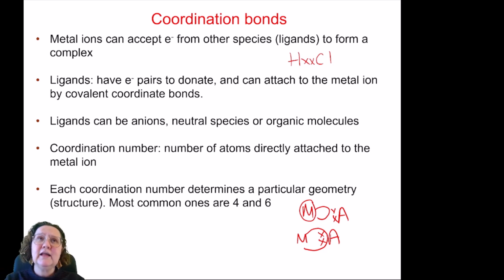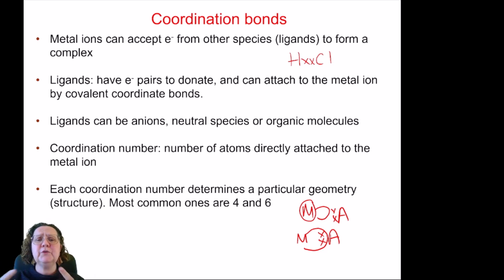Metal ions have d orbitals, which are relatively low in energy and close to the nucleus, that can accept electrons. They don't have any, but they have all these empty orbitals that could in theory be used. When they find another species, which could be an anion but also a neutral species, that has electrons to donate, then they can both make a bond.